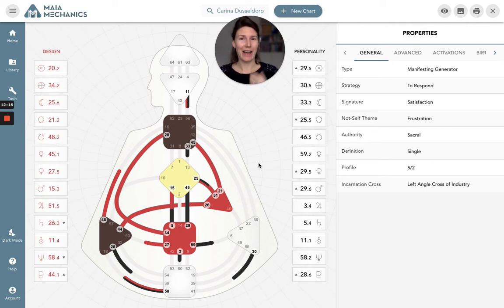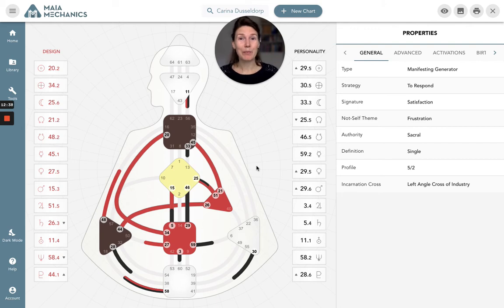Not necessarily in a healthy or vital way, but it's there. And I cannot really control it, and I'm not aware of that. It's not conscious for me. It's within my body. But it can be totally different in your design. It can be that you have mostly black channels and maybe no red channels.